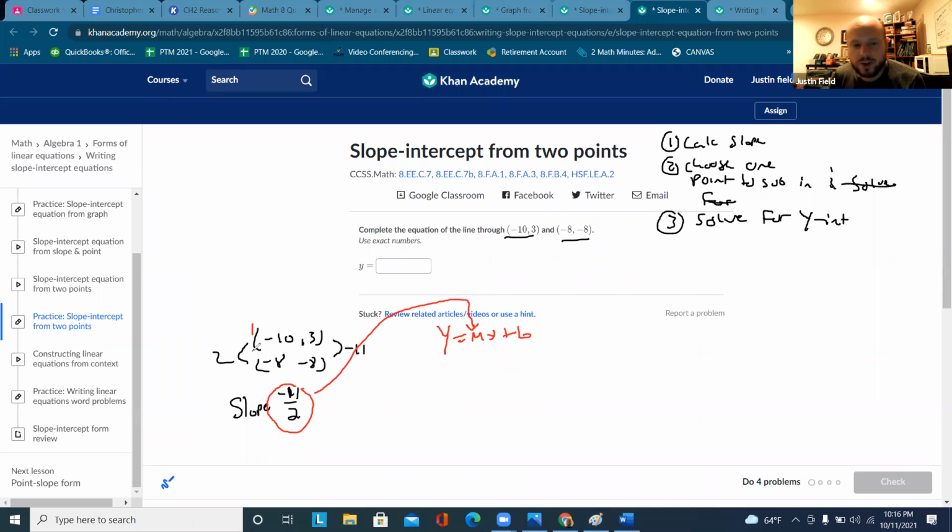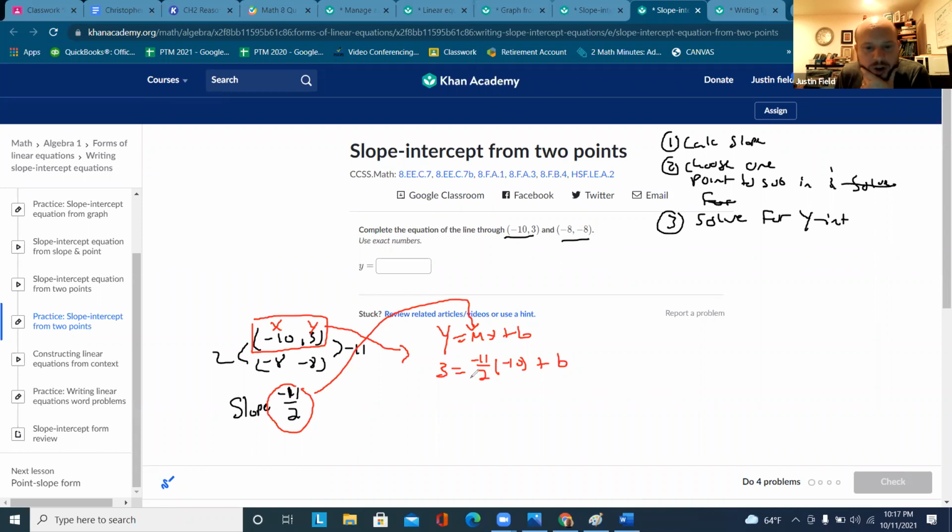And I'm going to choose this first point because the numbers are different and it will be easier for you to see. So my y is 3, the m is -11/2, the x is -10, and I'm going to solve for b.